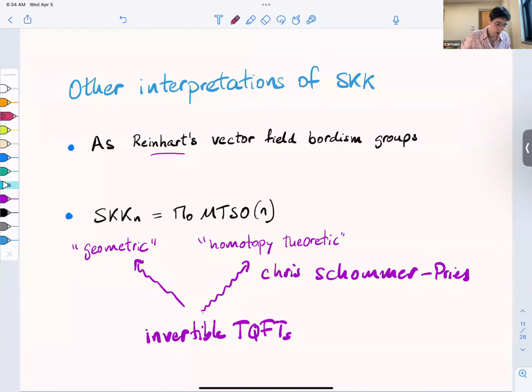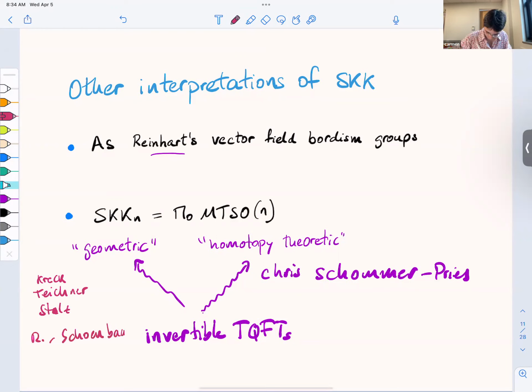As I mentioned before, the work in this direction, making the connection with the geometry, was by Kreck, Stolz, and Teichner, the original seminal work, and then a paper that I myself wrote with Schommer-Pries. Okay, so this is the route that we're going to take now, where I'm going to talk a little bit more about this connection of invertible TQFTs and this cut and paste version of SKK.